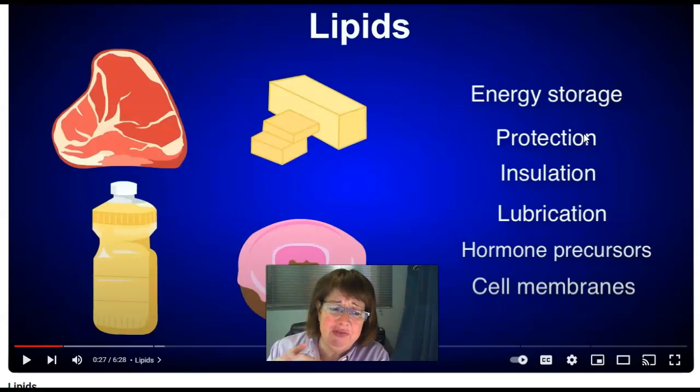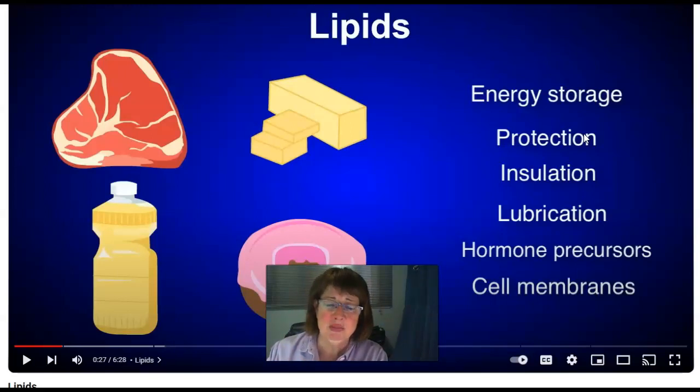Insulation is very important, especially if you're something like a whale or a seal, which wants to keep the heat in. Then lubrication, we're going to look a little bit at how lipids allow things to slide better, especially in things like the pleural cavity, which is the cavity between the membranes around your lungs.